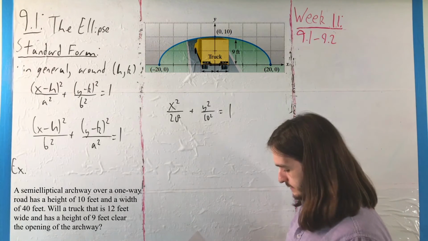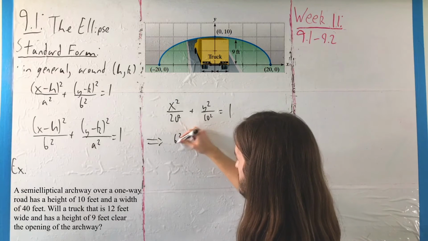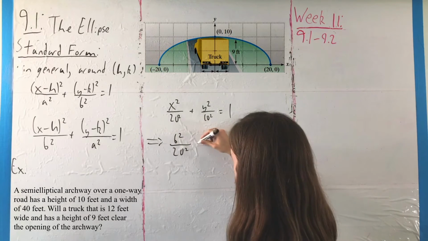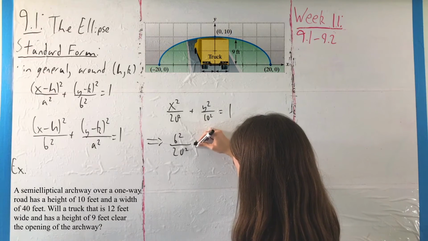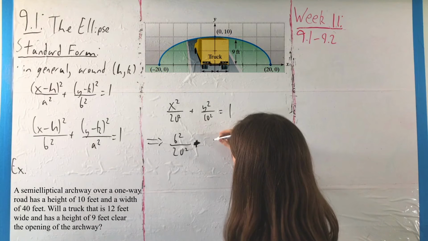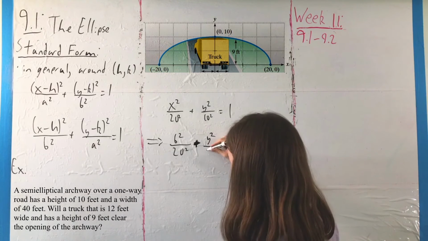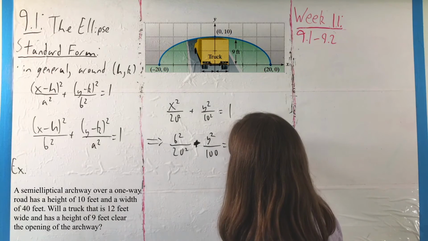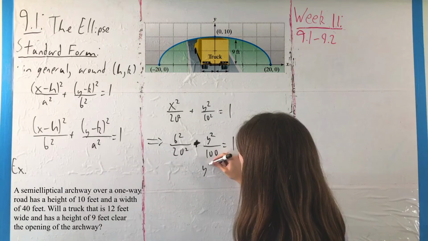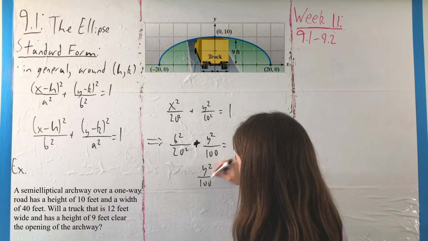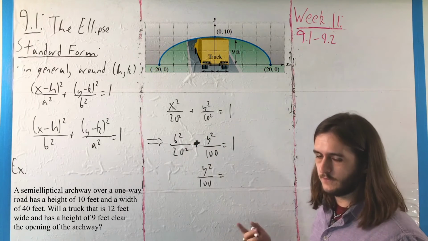We get 6 squared over 20 squared plus, not equals, plus y squared over 10 squared, which I'll multiply out here as 100, is equal to 1. Or, if you prefer, y squared over 100 is equal to 1 minus 36 over 400.